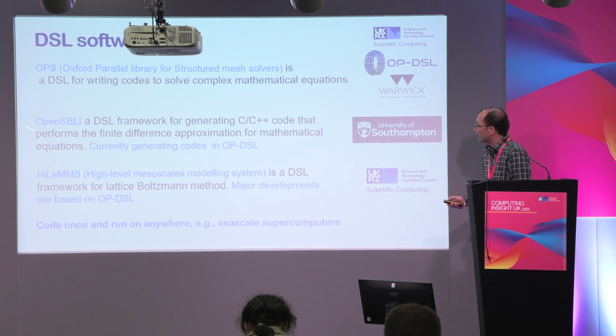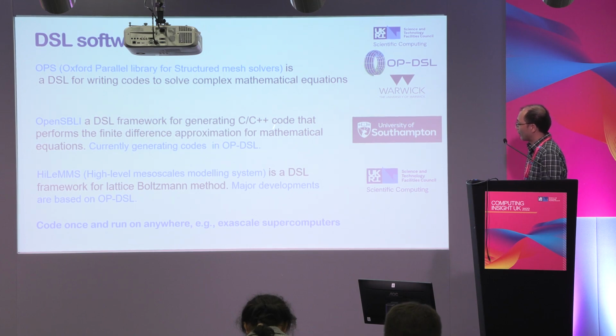The second piece of code is the so-called OpenCBLI. This is a DSL framework for generating C and C++ code that performs finite difference approximation for mathematical equations. Again, it can work not only for the Navier-Stokes equations, but also others. Currently, this library mainly depends on OPS, which means it will generate code in the OPS DSL.